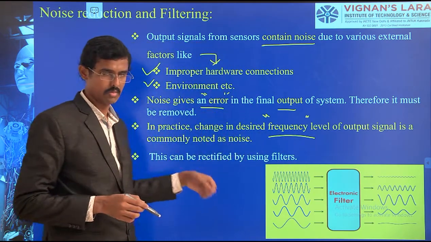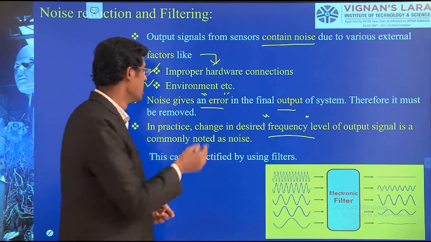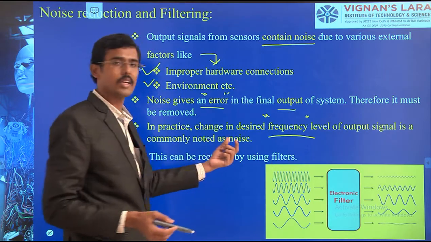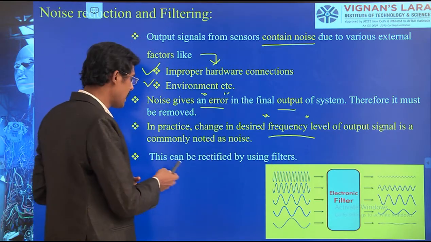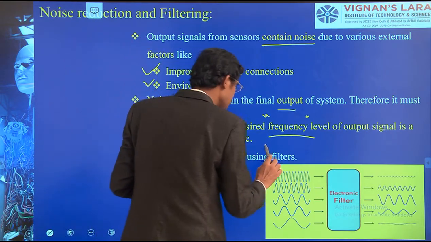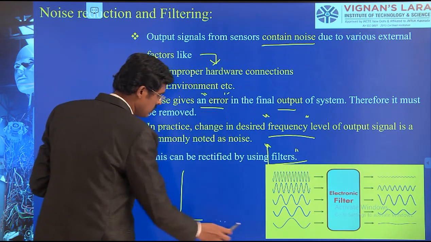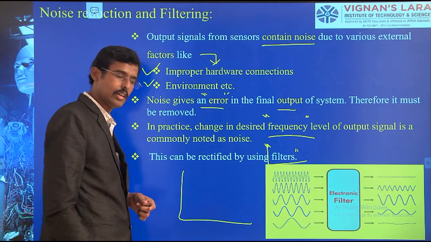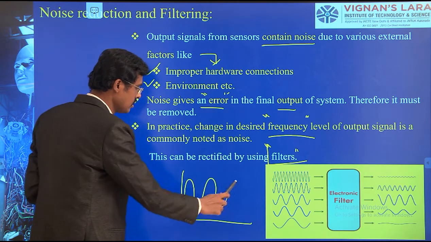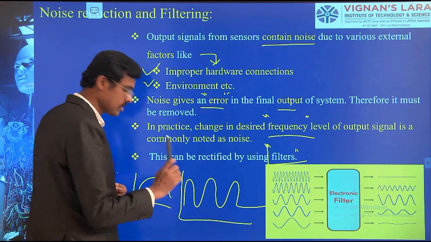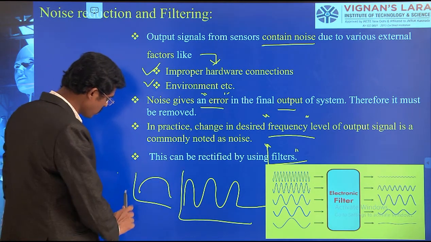We'll see now. I have a small image I will show you. A change in the desired frequency level of the output signal is commonly noted as noise. This can be rectified by using filters. So we have a noise signal. It may be like this, or it may be like this, or it may go slowly.